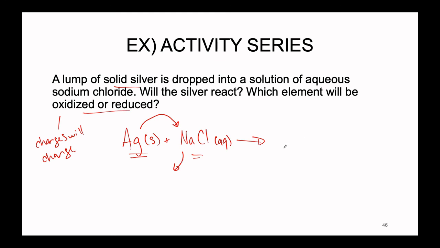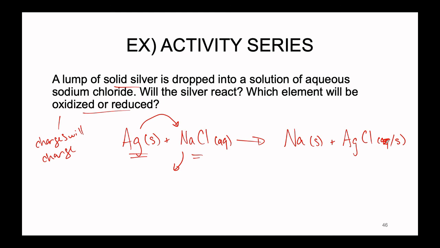This means that our hypothetical products will be sodium on its own in solid form, charge neutral, and silver chloride, either aqueous, or if we look at the previous solubility rules, as it turns out this thing is going to act as a precipitate, so it will also turn into some type of solid as a precipitate.